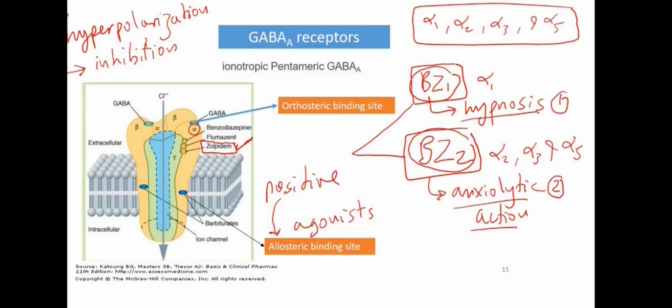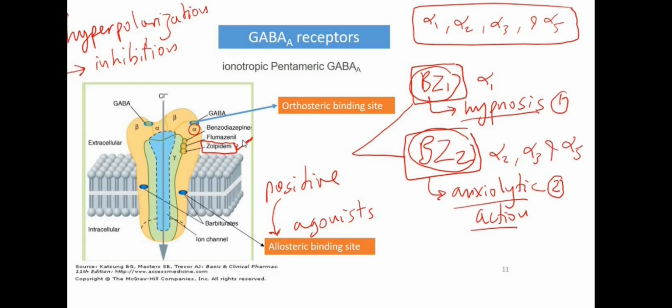Now, how do benzodiazepines produce hypnosis and anxiolytic action? As we have said, GABA, when it binds to its receptor, leads to opening of the chloride channel, and chloride causes hyperpolarization of the membrane, i.e. inhibition. Now, what do the benzodiazepines do?